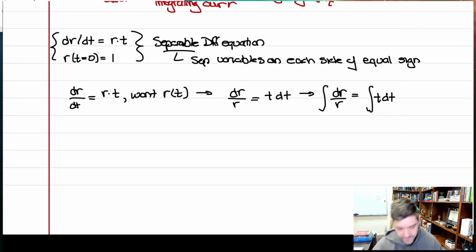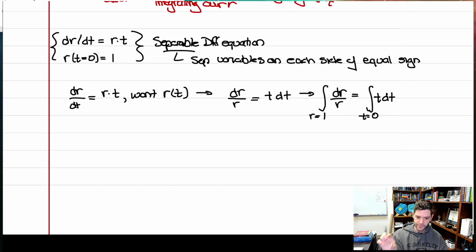But now I have to ask myself what I expect my limits of integration to be. Now, if you're more comfortable integrating indefinite integrals, which then give you constants of integration, that's all well and good. I prefer, if I can do definite integrals, I'm going to do definite integrals. So I know when t equals 0, r at that same point in time better equal 1. Remember, the left integral is integrating over r, so my limits better be two r values.